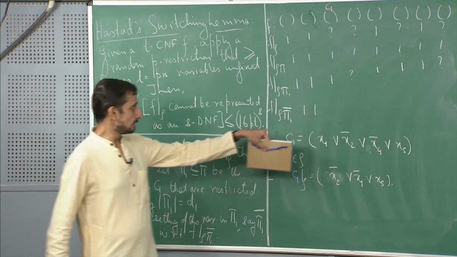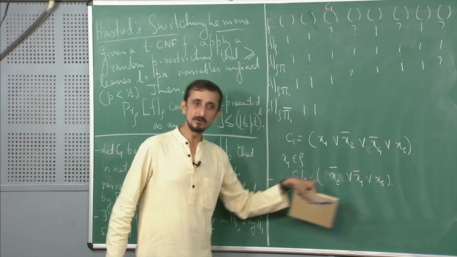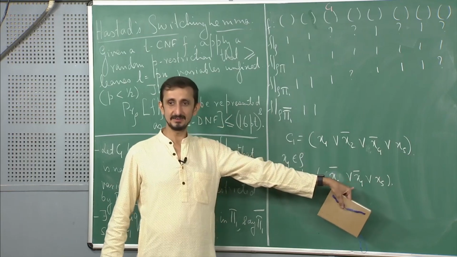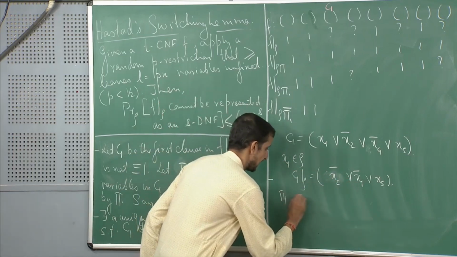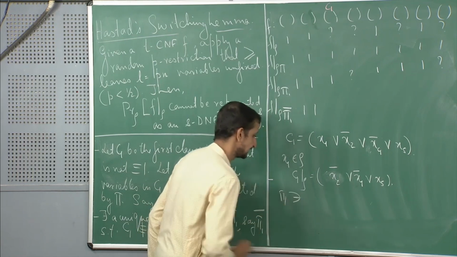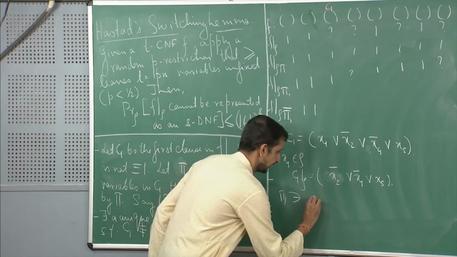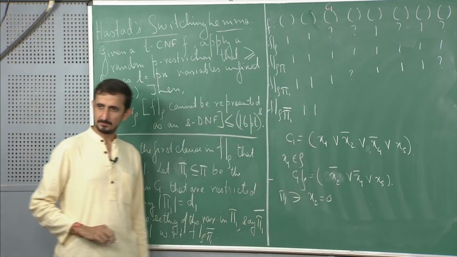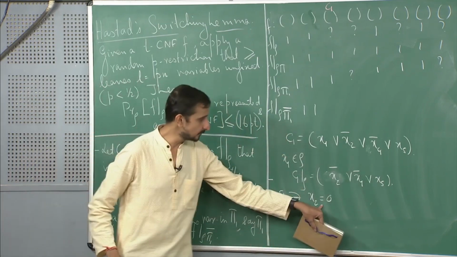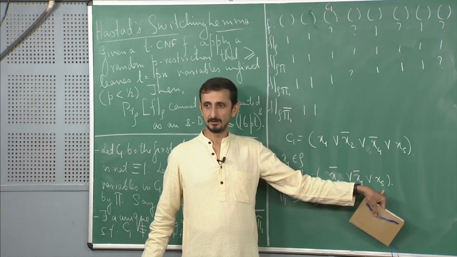Now, my pi 1 can just fix any one of these literals, it need not fix all the remaining literals. So, let us suppose pi 1 contains the restriction x2 equal to 0. If I set x2 equal to 0, then this clause gets evaluated to 1.